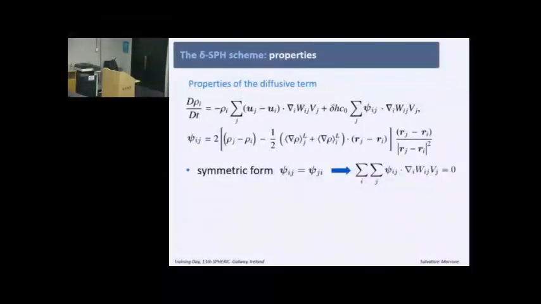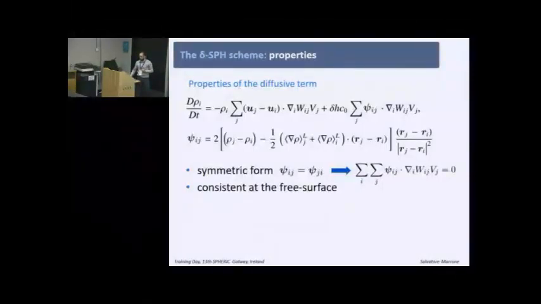Because those are equal and this is antisymmetric, the sum is 0 over the domain, so we are not introducing any spurious term inside the global balance of the density. The term is consistent at the free surface, as I showed you, and moreover it vanishes as h goes to 0. So converging, the importance of these terms becomes smaller and smaller because it is multiplied by our smoothing length.